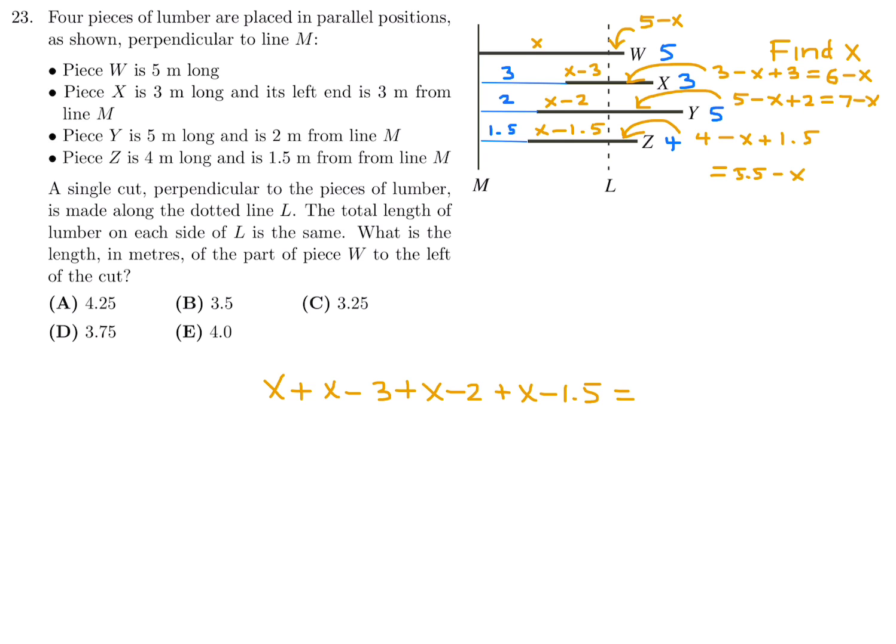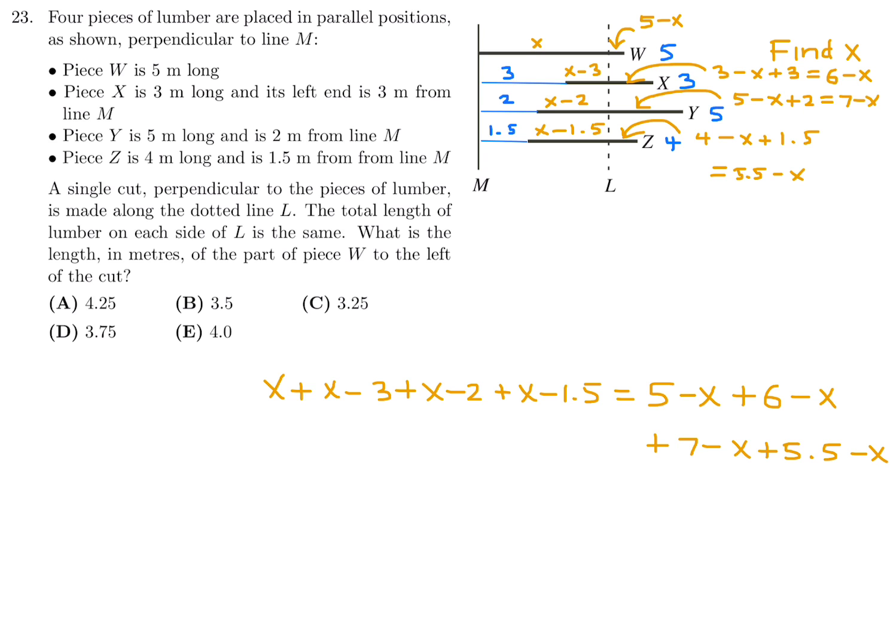And that is equal to what's on the other side. On the right side we have this, this, this, and this. So let's add those up. 5 minus X plus 6 minus X plus 7 minus X plus 5.5 minus X.